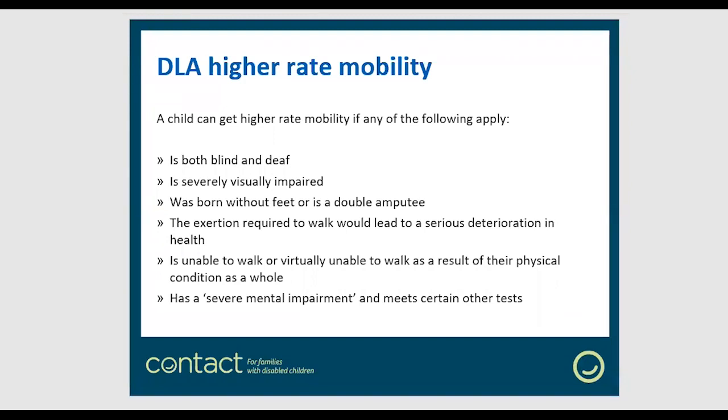But we're also going to be looking at the rules of severe mental impairment. These are a very specific set of rules that allow some children who have a severe mental impairment and challenging behaviors to qualify for the higher rate mobility. And that's what we're going to start by looking at today.